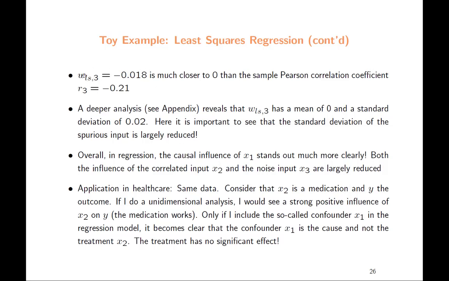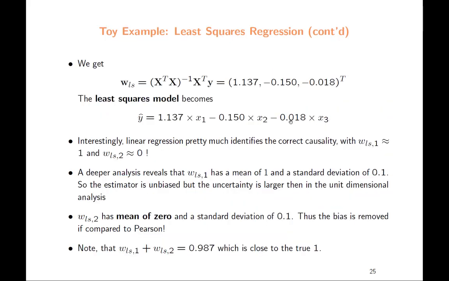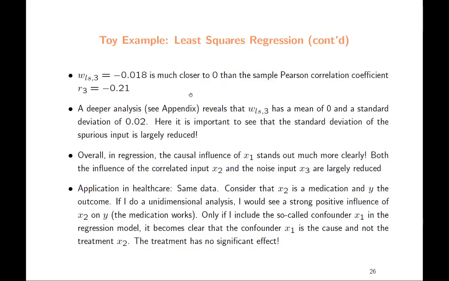So the third weight is also much smaller, much closer to 0. So in regression, the causal influence of X1 stands out much more clearly, and the influence of the correlated input X2 and the noise is largely reduced.